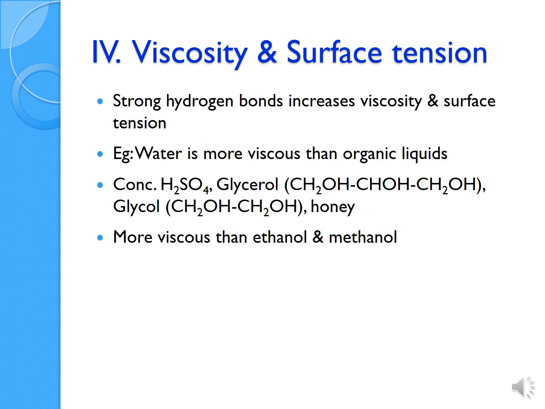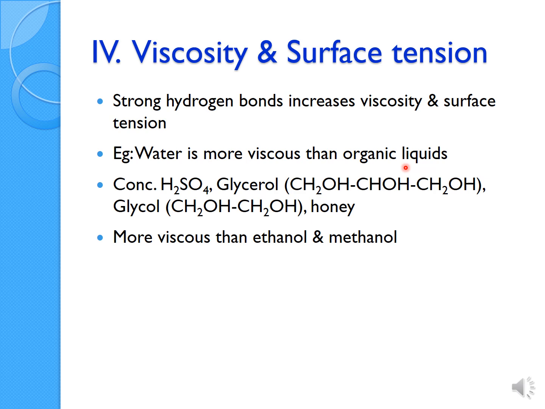Another effect of hydrogen bonding is on the viscosity and also surface tension of compounds. Compounds which can form strong hydrogen bonds usually have higher values of viscosity and surface tension. Due to strong hydrogen bonding, water is more viscous than most organic liquids.